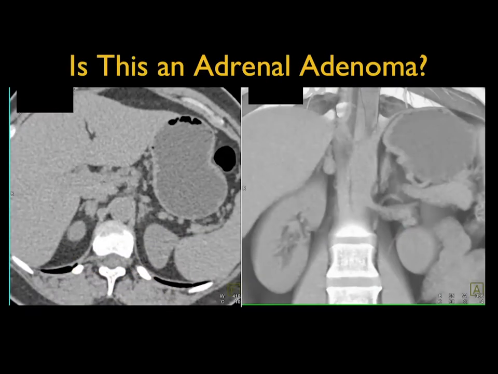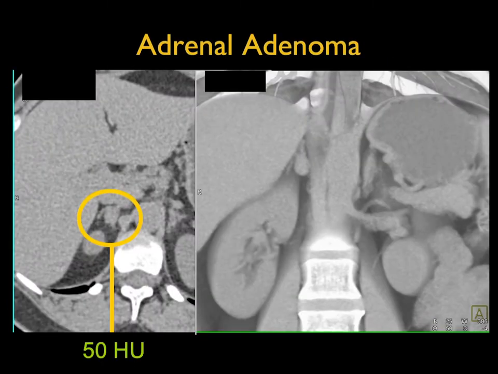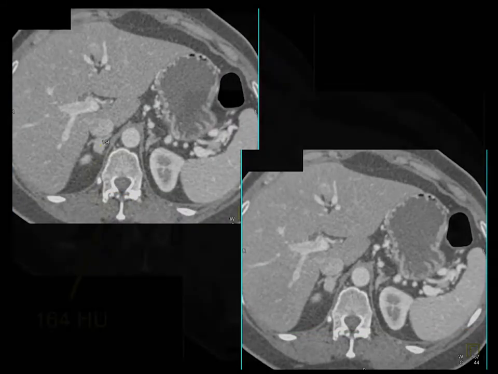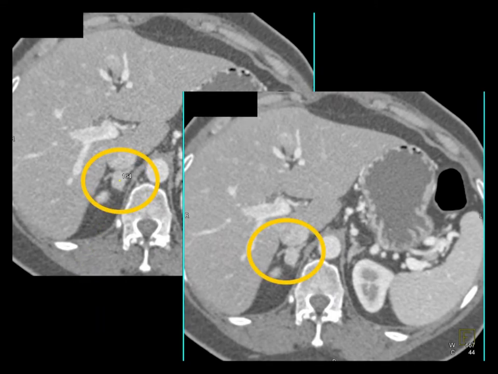So if you look at this case and you say there's an adrenal nodule, right adrenal gland, you say, that's not so bad. But then you measure it, it's 50. It looks benign, it's incidental, it's small, but you give contrast, and what happens? It's 164. Anything above 120 is a pheo till proven otherwise. A very, very important fact.